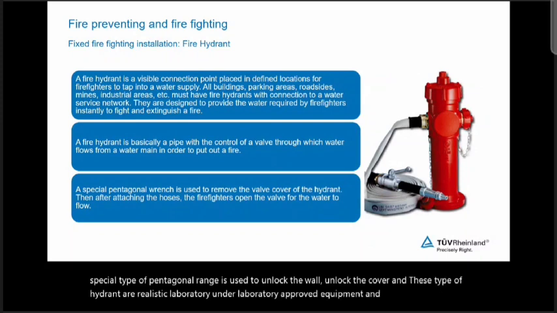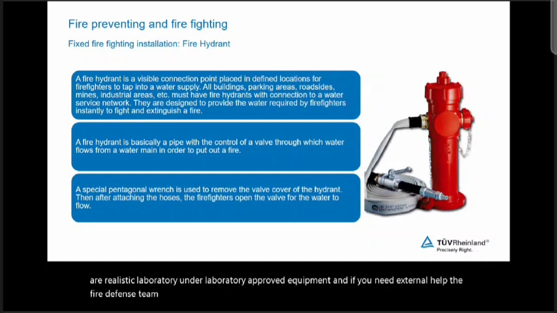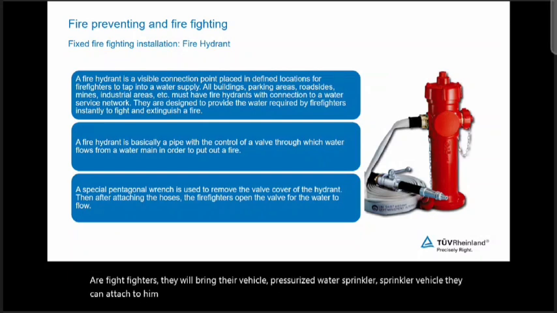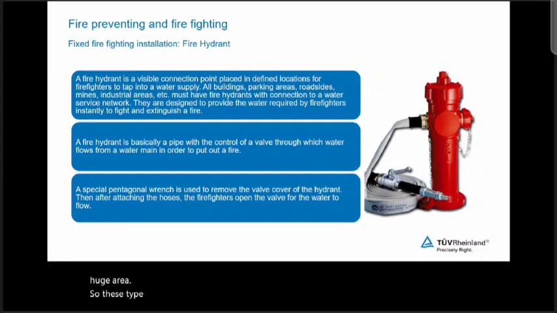If you need external help, the civil defense team or firefighters will bring their vehicle, a pressurized water sprinkler vehicle. They can attach to it to get external water from the facility to extinguish the fire. If the fire is in a huge area, these types of fire hydrants are helpful.